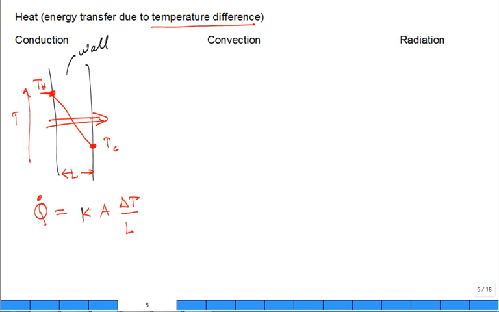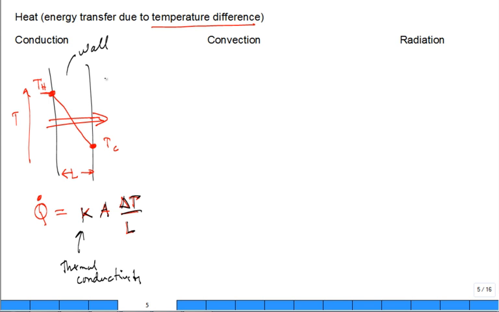K is a property, thermal conductivity. I didn't put into differential form Fourier's law that describes heat conduction, but I said, look at the temperature difference across the slab of thickness L drives the heat transfer through that cross-sectional area. That wall has some area.